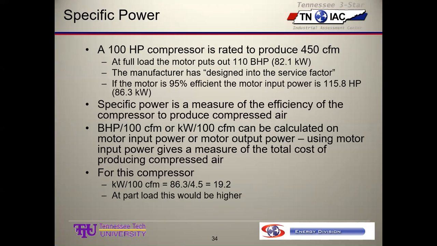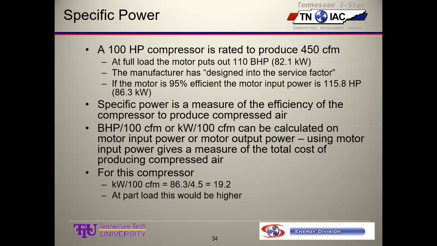So at full load, the motor puts out 110 brake horsepower, typically, because we're 10 horsepower into the service factor. So we're running 10% over the motor rating, which in this case would be 82.1 kW. I think, let's see, that's 0.746 times. Yeah, that's a direct conversion.